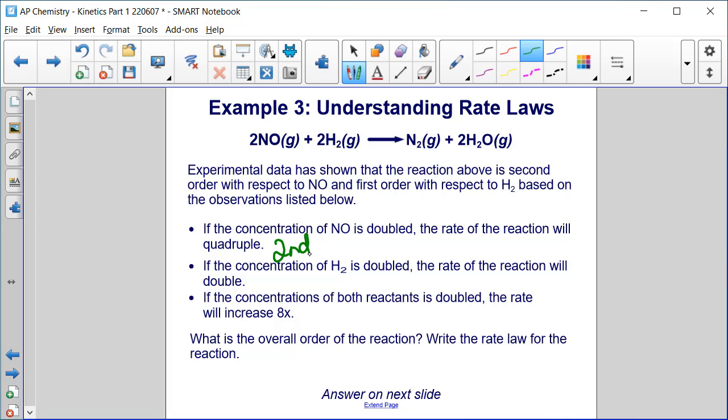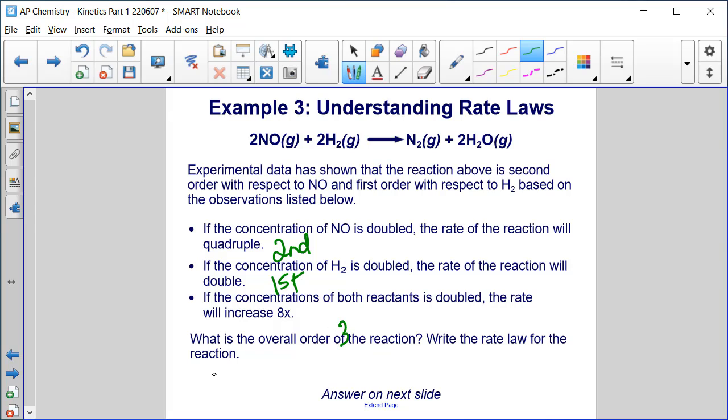If the concentration of H2 is doubled, the rate of the reaction will double. That means it's first order. If the concentration of both reactants is doubled, the rate will increase by 8 times. What is the overall rate of the reaction? And write the rate law for the reaction. So the overall rate of the reaction is just 3. 2 plus 1, which is 3.